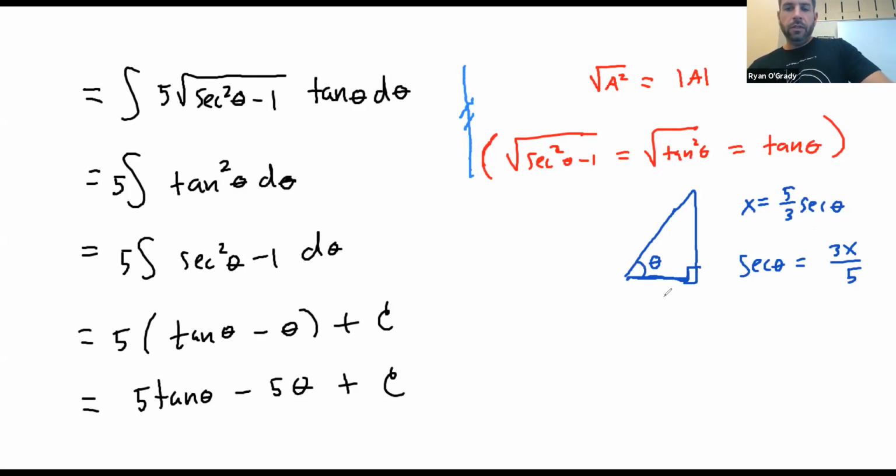So what is secant? Secant is 1 over cosine. The cosine is adjacent over hypotenuse, which means the secant is the reverse of that. So this would be 3x over 5.